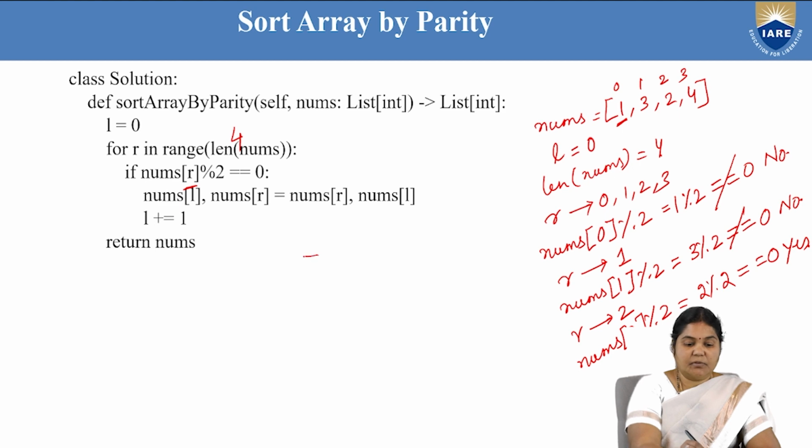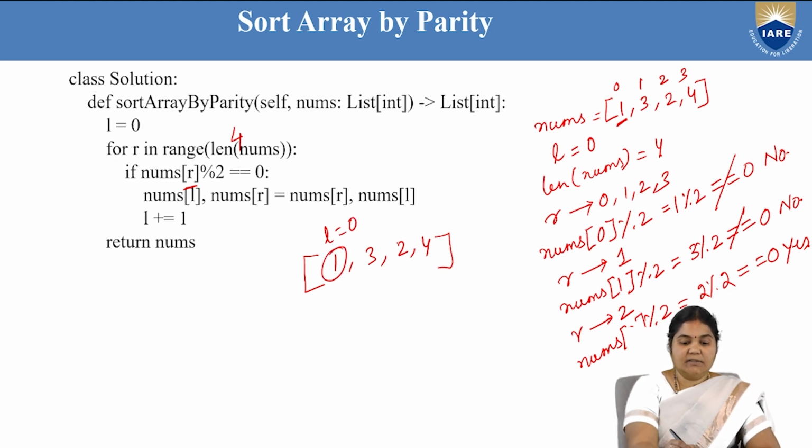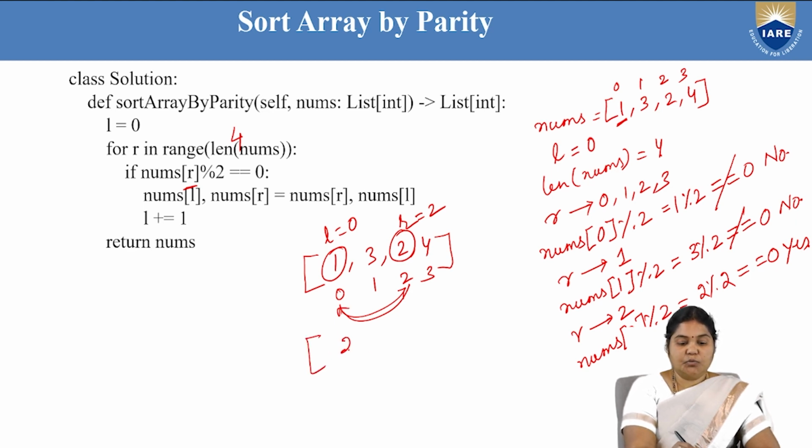Originally it contains 1, 3, 2, 4. L equal to 0 means I am referring to this value. Now R is equal to 2, so I am referring to this value. These two must be swapped now. So my list will look like 2, 3, 1, 4.